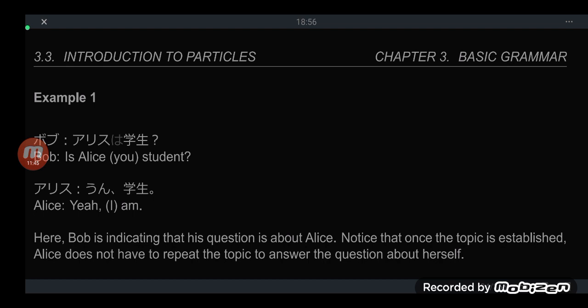So in this case, take note of the question, Aris wa gakusei? and then Aris replied, gakusei. Gakusei, meaning yes, student. So it's very casual. You may notice that Alice didn't even put the declarative da, and she didn't even mention the name of her conversant.